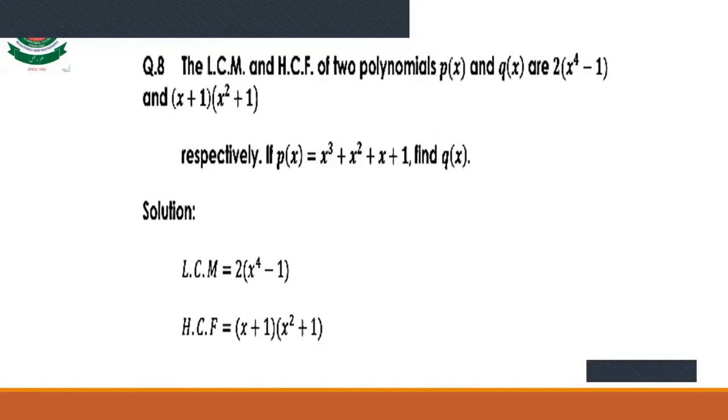We have p of x as x cube plus x square plus x plus 1. We have to find q of x.